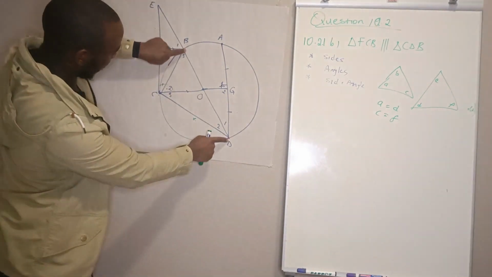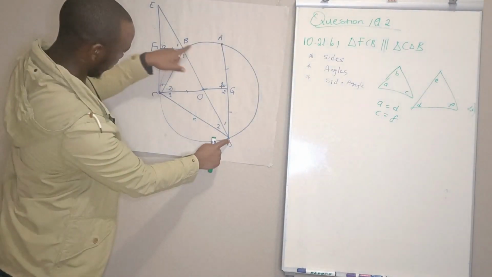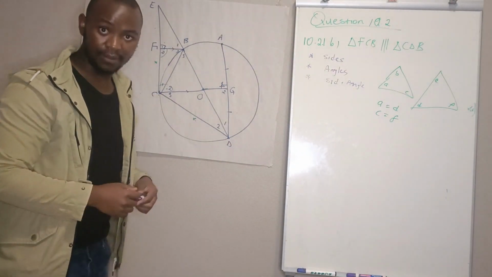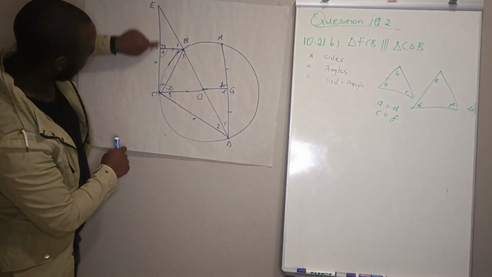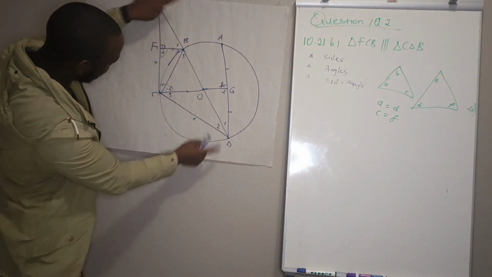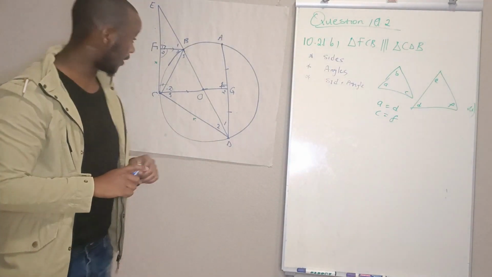But if this triangle ended somewhere here, so it was not fully on the circumference, then I can't go about using tan chord. So I can already see that EC is a tangent to this circle, touching the C point. So that's the first part.